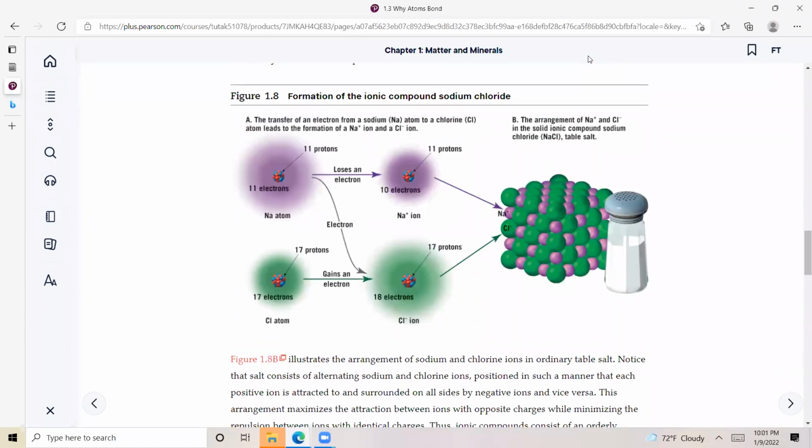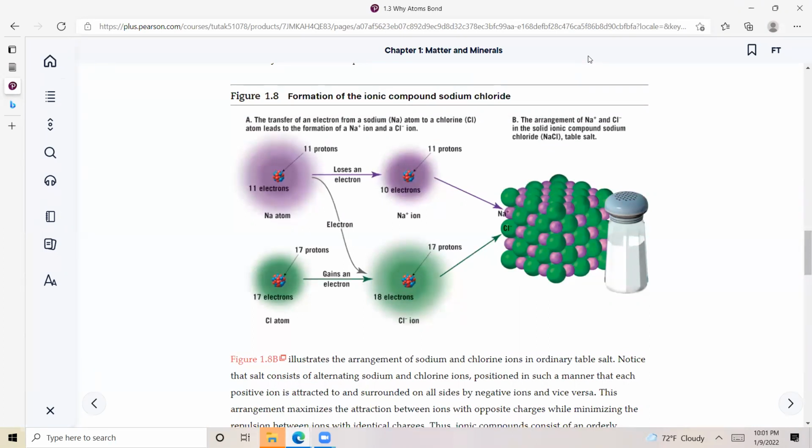For instance, sodium has one electron at its outer shell and it wants to get rid of that electron. On the other hand, chlorine would like to get one more electron to get stronger. Both are willing to get stronger, so they bond together and form a new ionic bond.